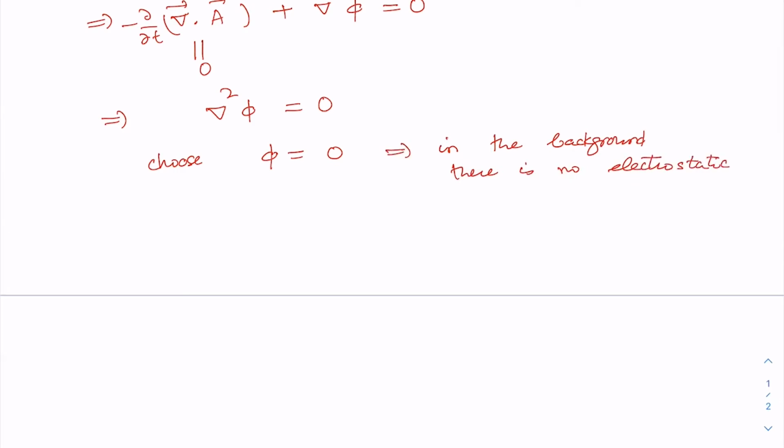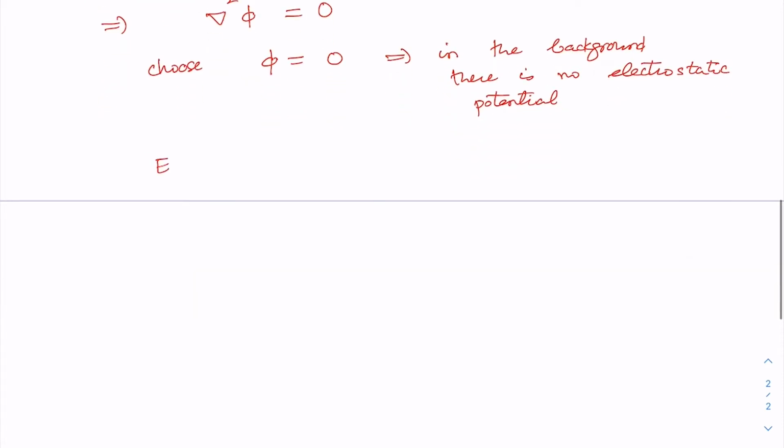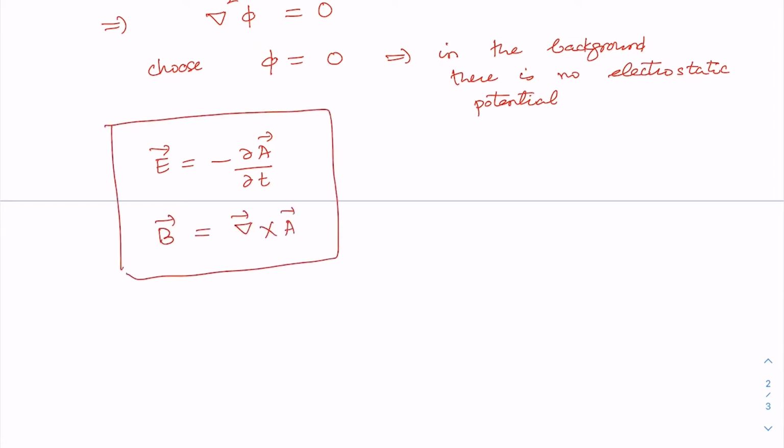And then the electric field is minus del A by del t, and B is equal to curl of A. This is going to be useful for our treatment. Of course, under these choices, that is divergence of A equal to 0 and the electrostatic potential phi equal to 0, we can express the electric field and magnetic field in this form.